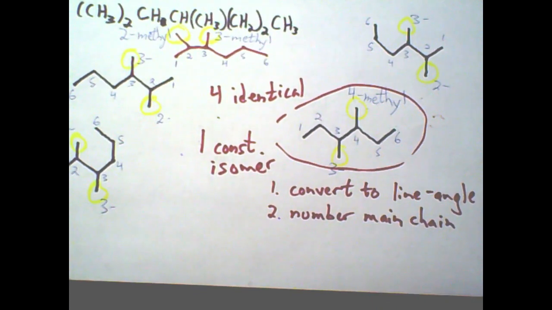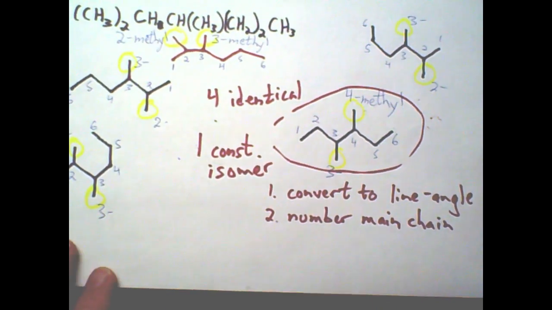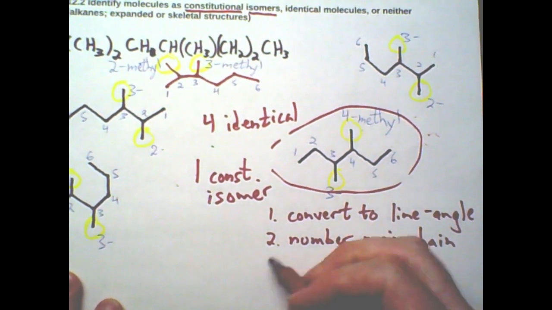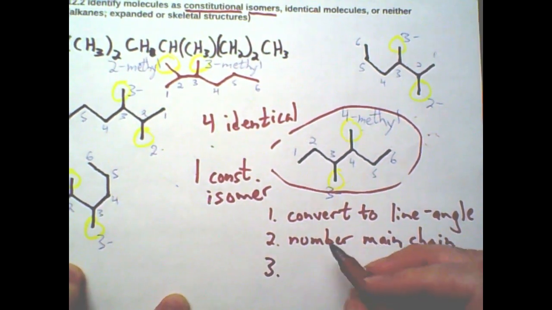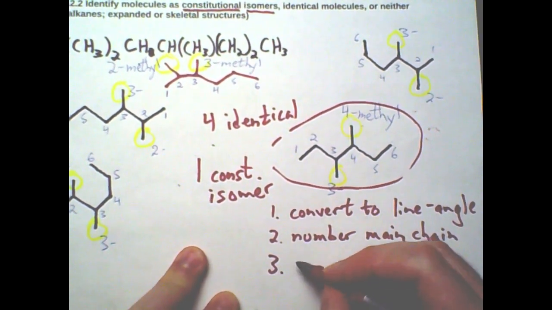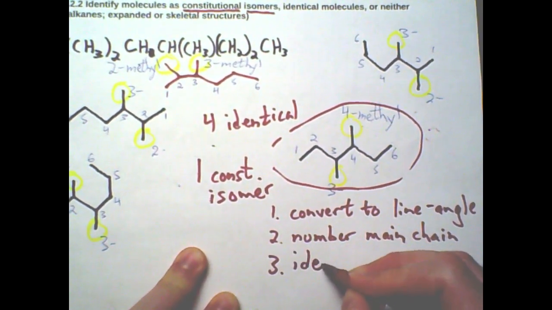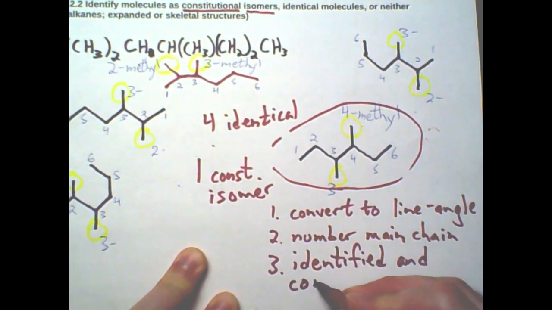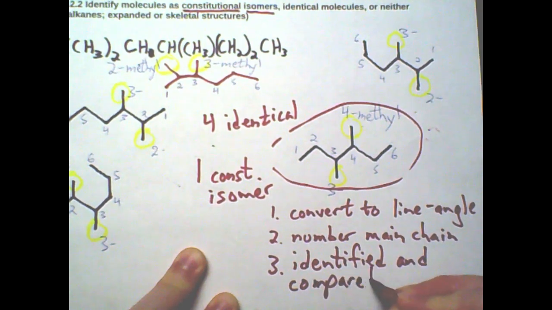So what did I do? I converted everything to a line angle. I numbered the main chain. I identified and compared side chains.